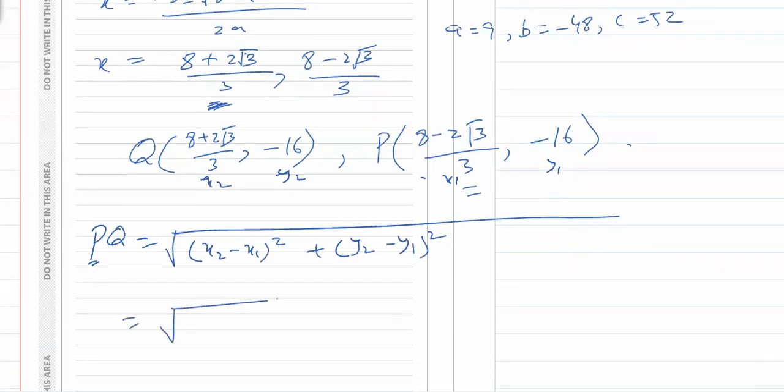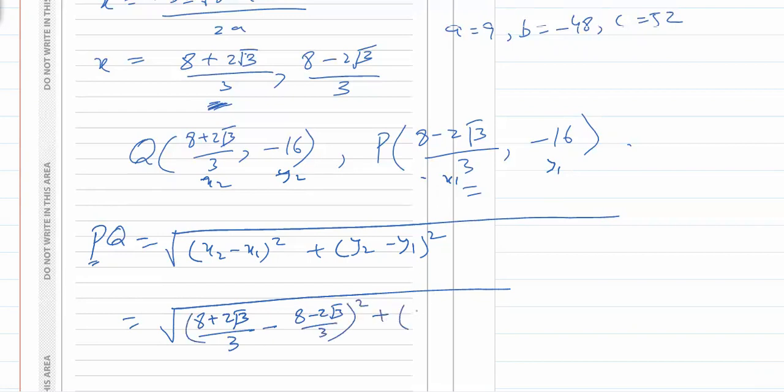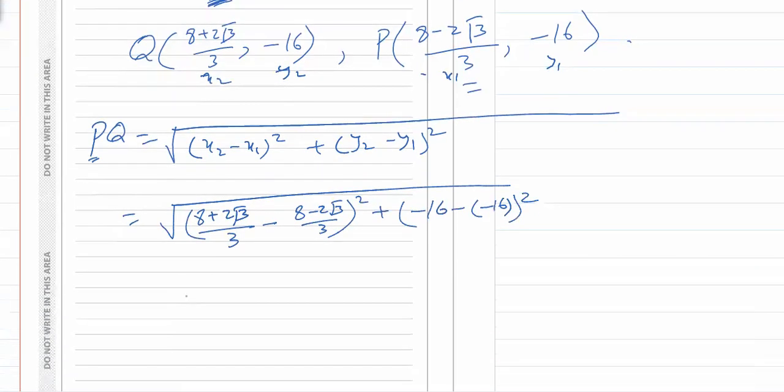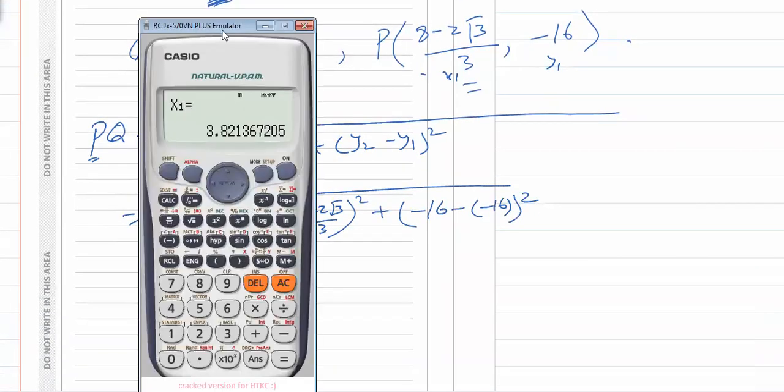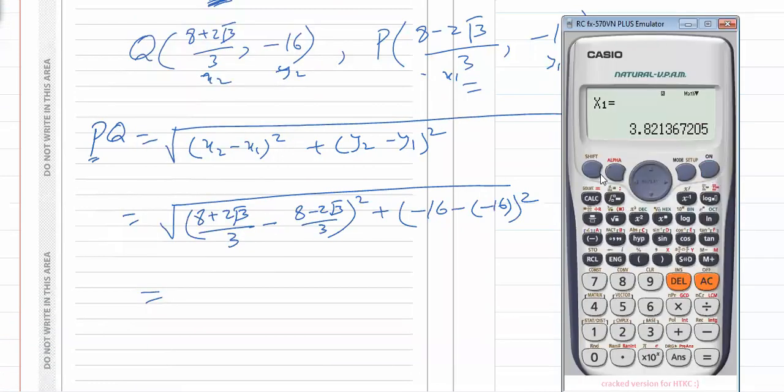It is going to be x2. x2 is 8 plus 2 square root of 3 over 3 minus x1, which is 8 minus 2 square root of 3 over 3, square, plus y2, which is minus 16, minus y1, which is minus 16, their square. So now what this will become, use the calculator, it's better, save the time, and there is no restriction on using the calculator.